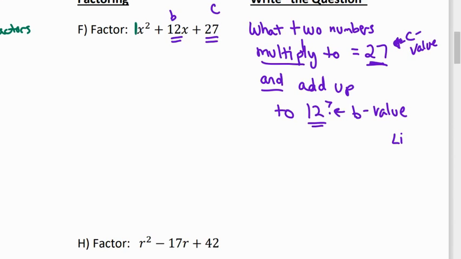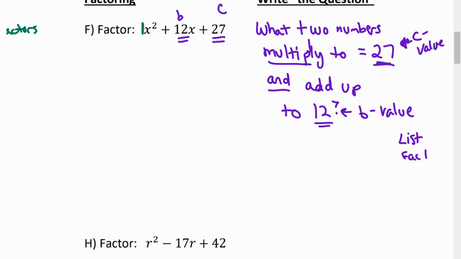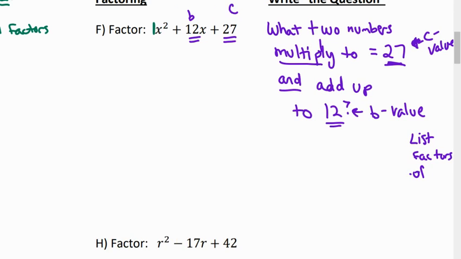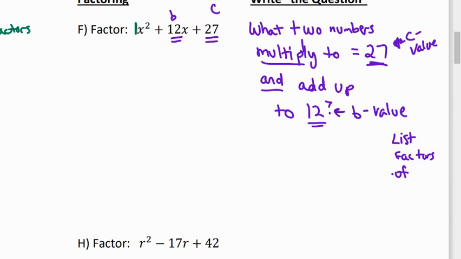So plan B is always to list your factors of your c value. So if we list the factors of our c value, which is 27, starting with 1 times itself, 27. Don't forget that 1 and the number itself are factors of that number to begin with.